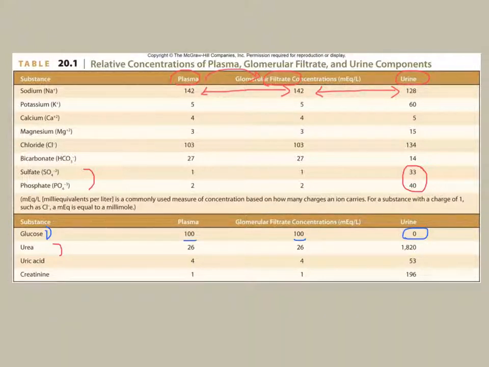In fact, in general, it is not found in the urine at all. So this gives you an idea about how the concentration is adjusted drastically, either to make things more concentrated in the urine or to make it less, depending upon whether our body wants to get rid of that particular molecule or hang on to it.